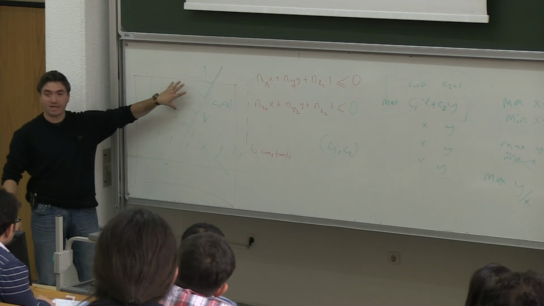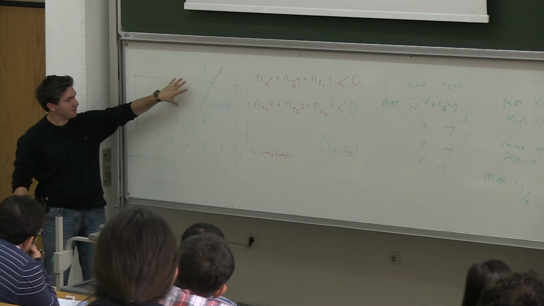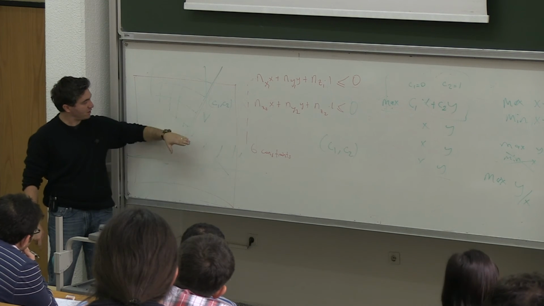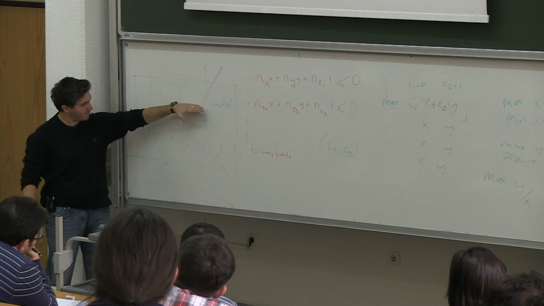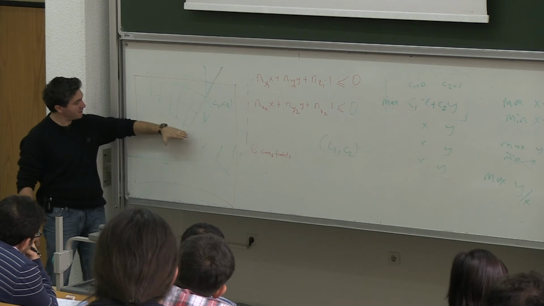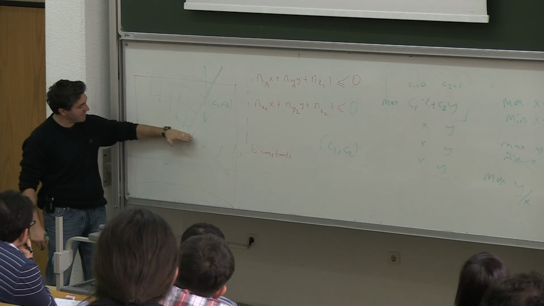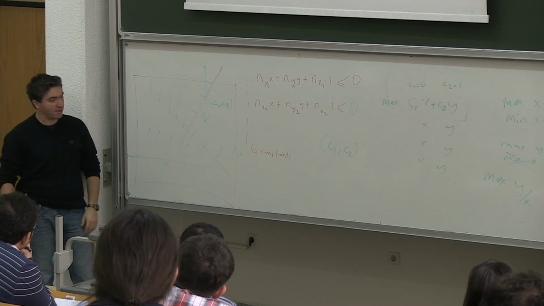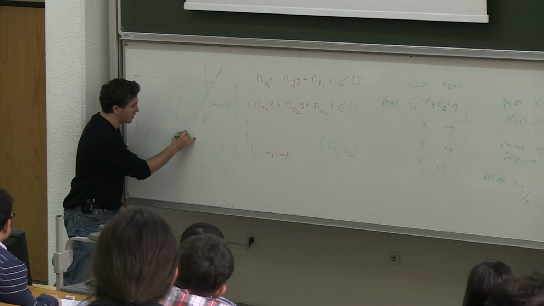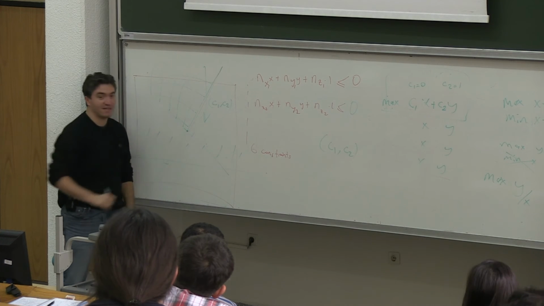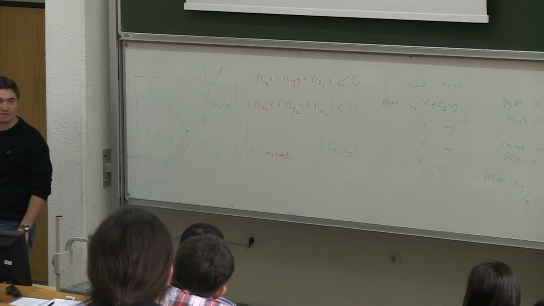And this is my convex region. The maximizing function, or even minimizing, gives the extreme point in this direction, the point that maximizes this objective function.